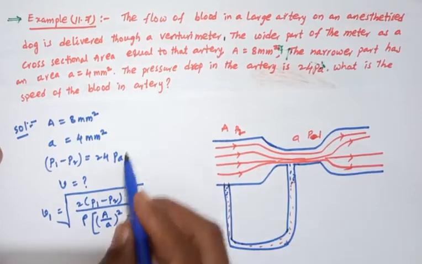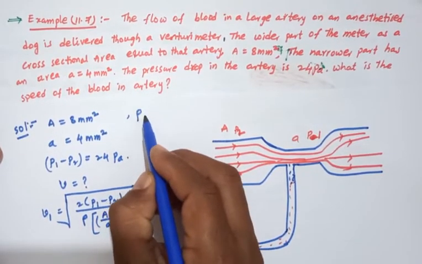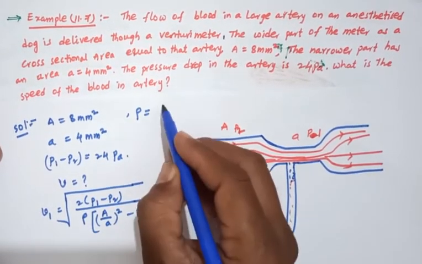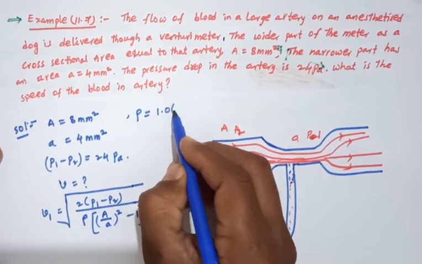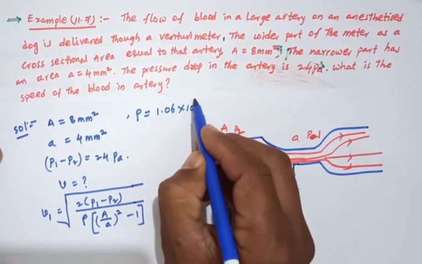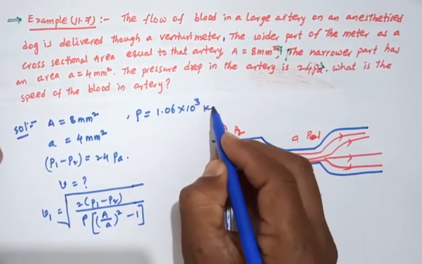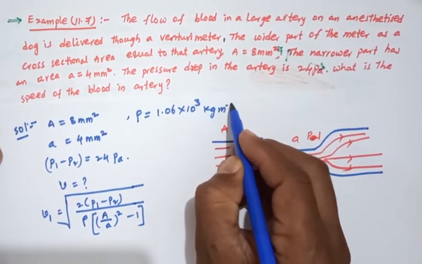Okay, here the density of blood is 1.06 into 10 to the power of 3 kilogram per meter cube.